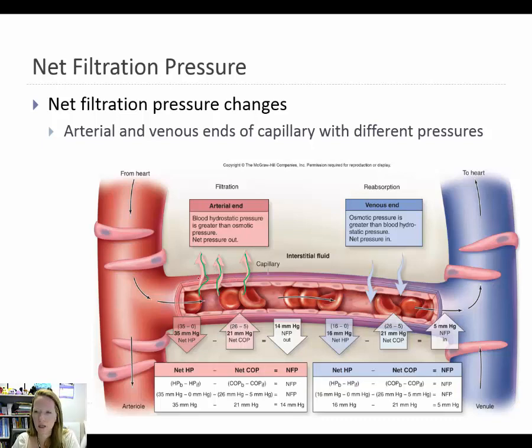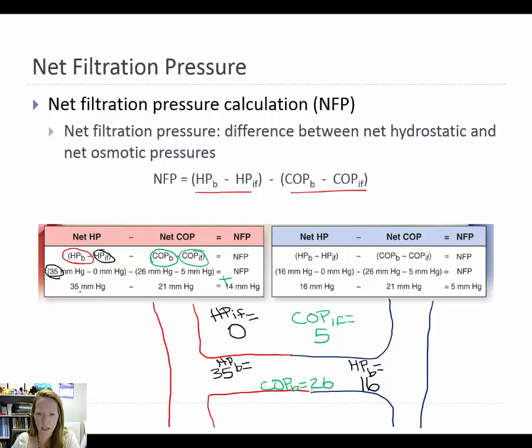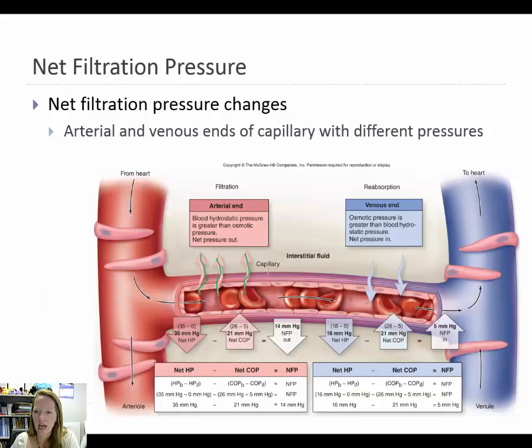If we take a look, the net hydrostatic pressure is greater than the net osmotic pressure. So that's going to cause it to move from a higher hydrostatic pressure to a lower hydrostatic pressure, and it's going to promote filtration. That's exactly what we want on the arterial end, right? We want to move substances out of the blood and into the interstitial fluid. So that is perfect.